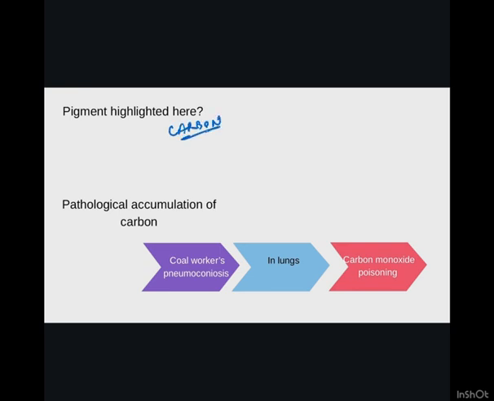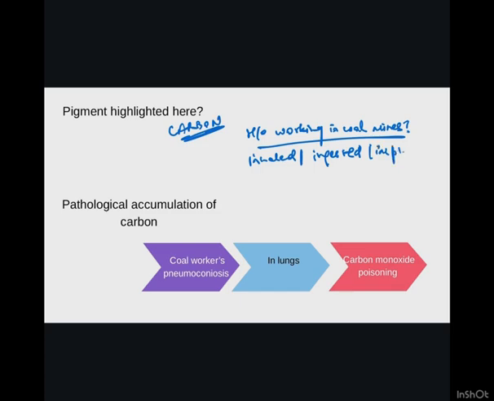So why is the history of working in coal mines very important? Because carbon is a pigment which is inhaled or ingested or implanted in the skin following industrial exposure.